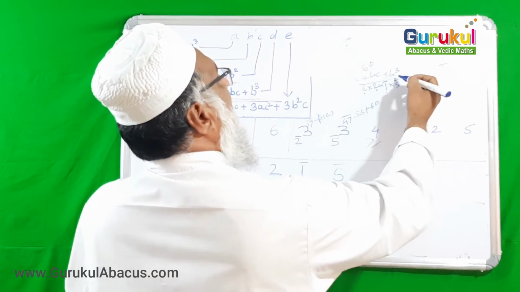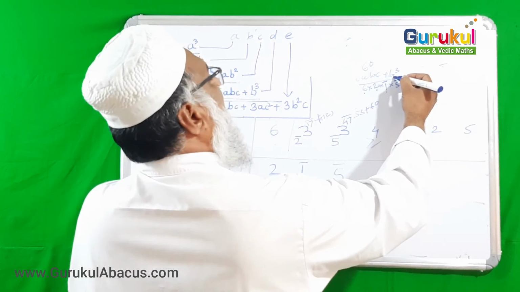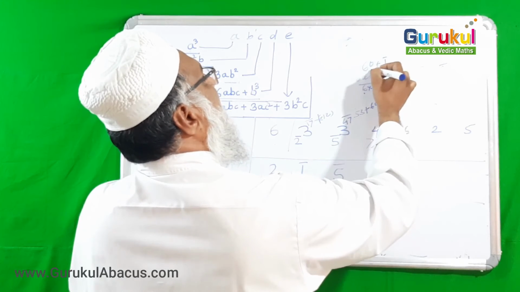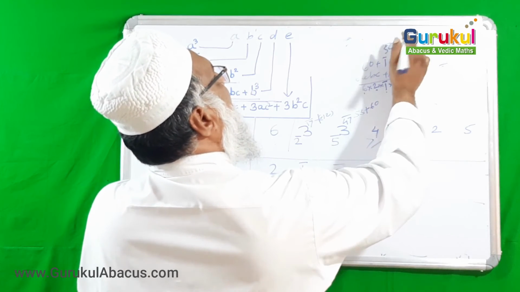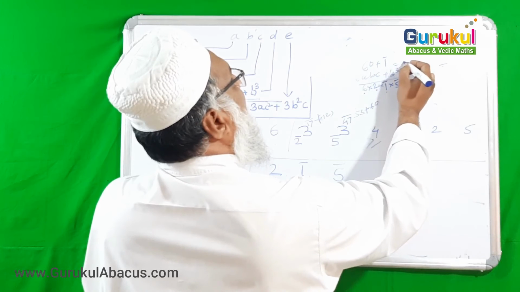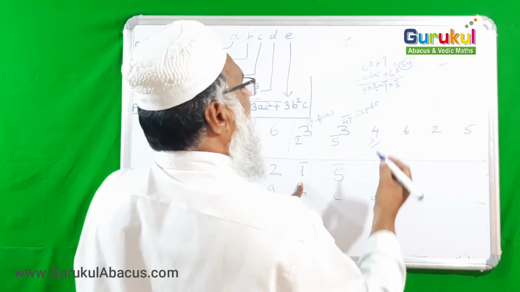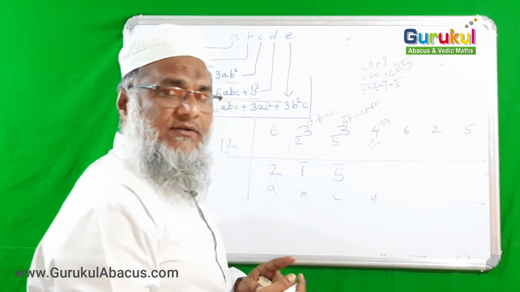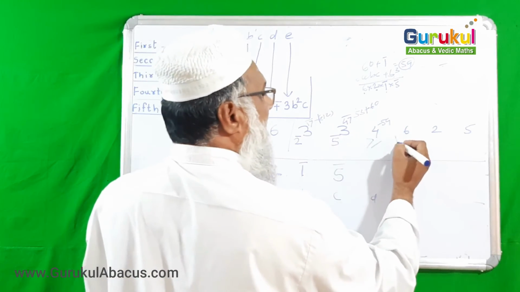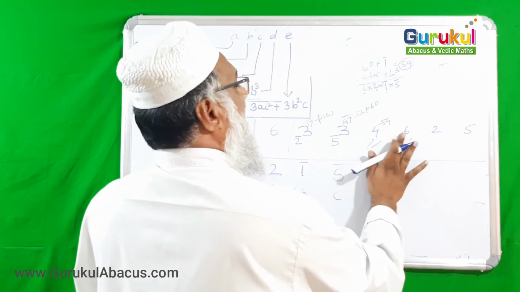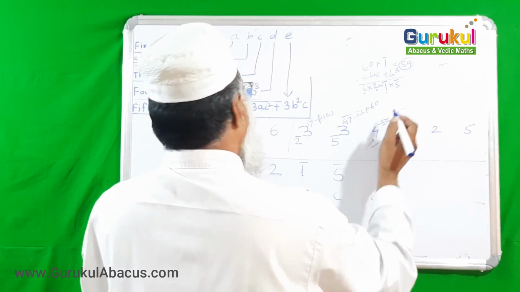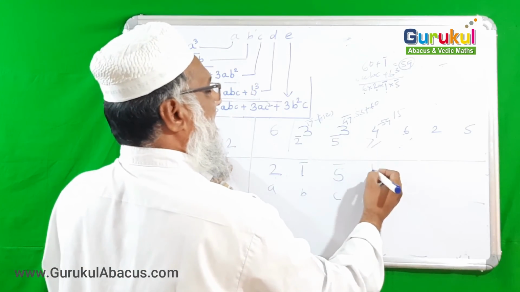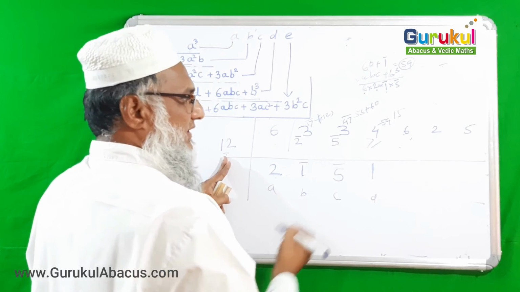And B cube is bar 1, which is added to that 60. So together they are being 59. So if we subtract 59 from 8, we are getting 1 5 15 here. So if there is 15, then 12 1s are 12 we can say here.